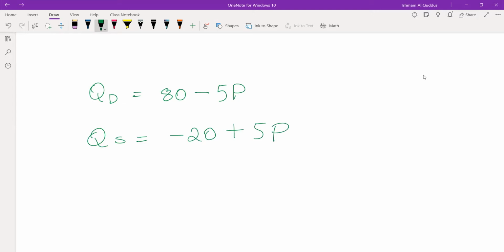And now we know that the market should function at the equilibrium. So we will find out the equilibrium price and equilibrium quantity first. So for that, we can write that QD equals to QS at the equilibrium.